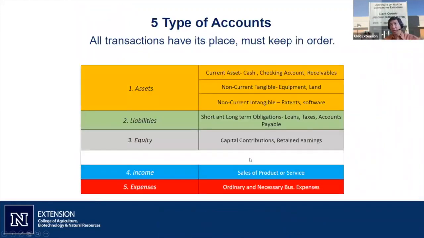So this is one chart. 5 types of accounts. Assets: what kind of accounts or categories go there? Your checking, your receivables, your equipment, your patents, your software, assets basically.